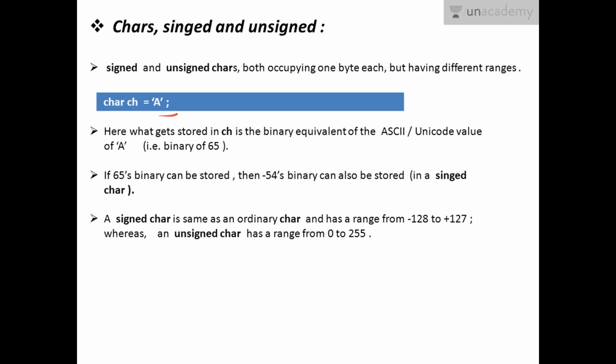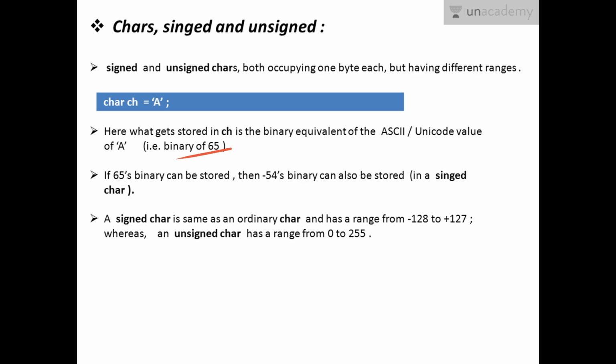But what actually happens inside the system is that this a, or this ch, whatever we are trying to declare under character data type, is converted into ASCII, which is the equivalent number 65, and then that value, 65, is stored in place of whatever value you store.